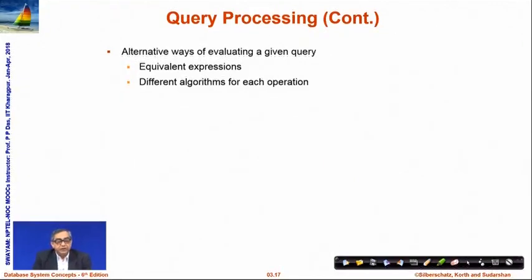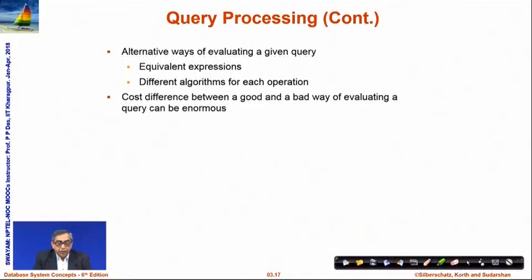So, when we do this, we need to look at alternative ways of evaluating a query. There could be different ways to write the same thing. These are called equivalent expressions, and we need to know what are the good algorithms for doing each and every operation. There is a cost difference between a good and a bad way of evaluating.